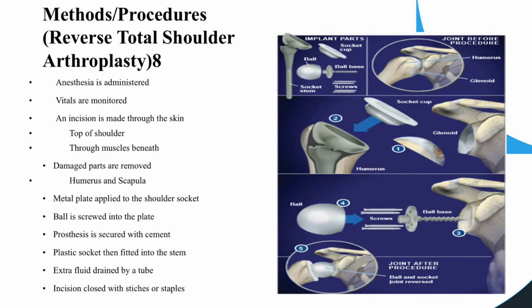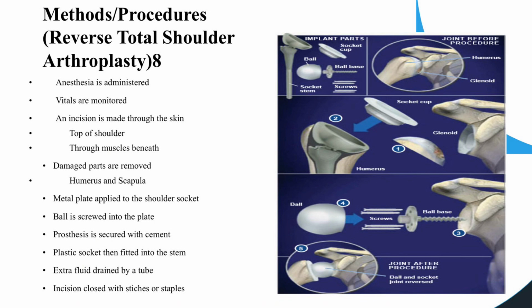Okay, so the methods are not as long for an RTSA, but again, you would do the anesthesia and take vitals as well. The incision is also made at the top of the shoulder, around the deltoid and through the muscles beneath.